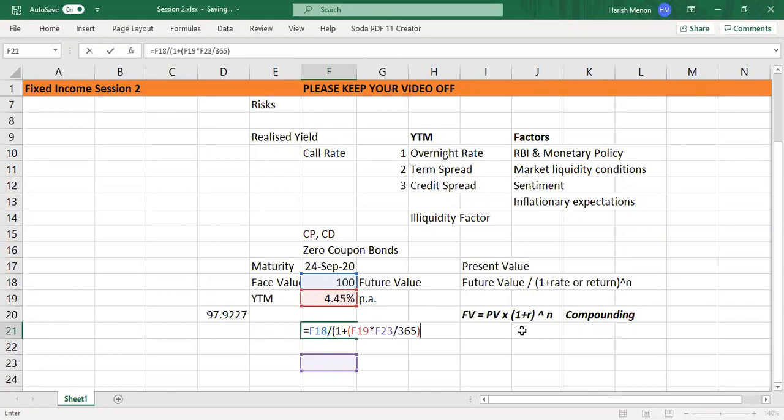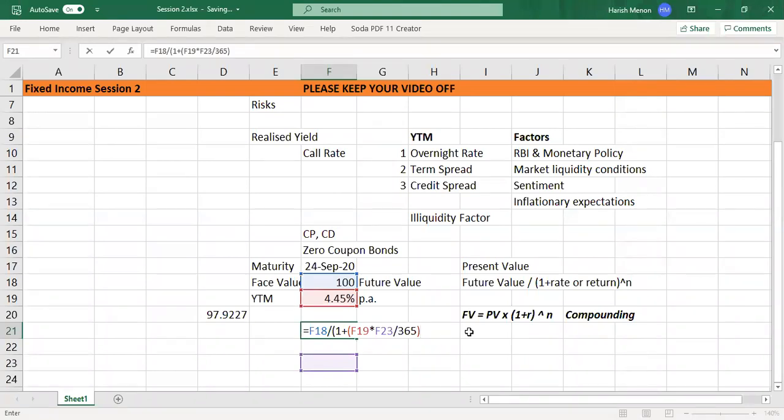It looks complicated to many. I don't know why when I do tradings also, but it is very simple. Present value formula is something that is the opposite of compounding. So if you see this formula here, what you're doing is future value is given to you. So you're taking this part here. In less than 1 year bonds, we do not do to the power n. This is called pricing convention. This is not subject to what you think or what I think.